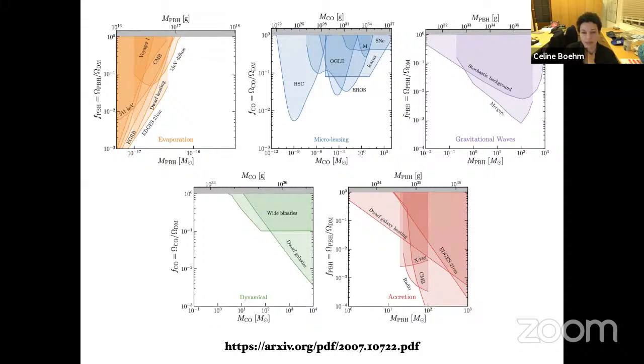So in the plot in the middle, you see EROS and OGLE, you see some constraints basically. So EROS gives you the indication of where the microlensing is, in 2001, and they improved a little bit since. As you can see, there's not much room.